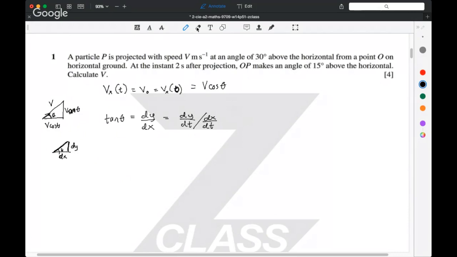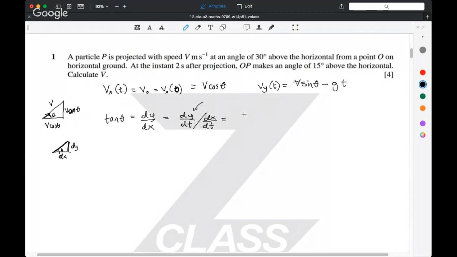So this is going to be equal to, well, dy/dt, there's a constant acceleration, right? So Vy of t is the initial Vy velocity, which is V sine theta, minus gt. So that's what goes on the top here.